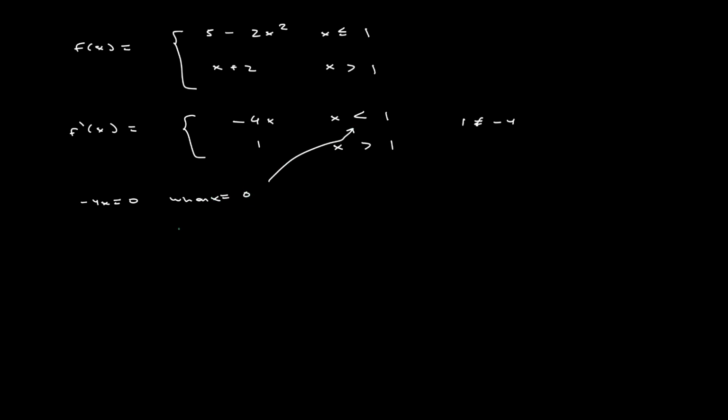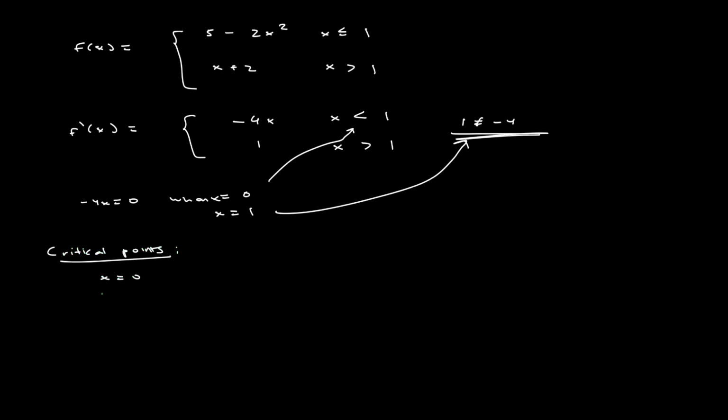And then x equals 1 is a critical point because our derivative at x equals 1 is not defined, since our left and right-hand derivatives differ. So in summary, our critical points are x equals 0 and x equals 1.